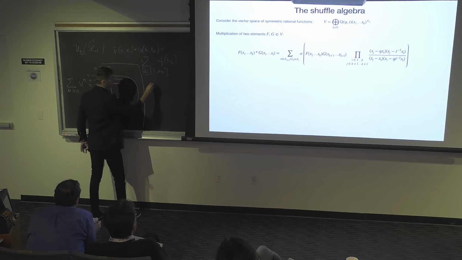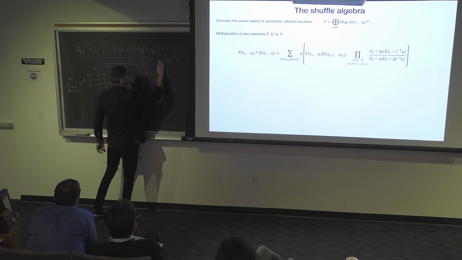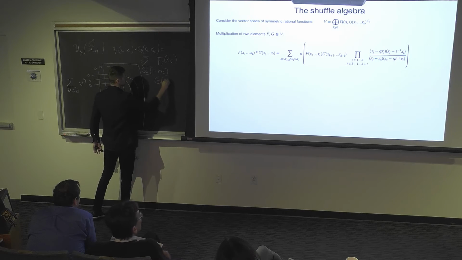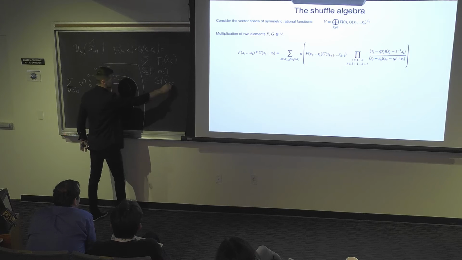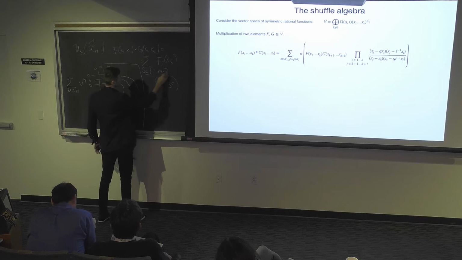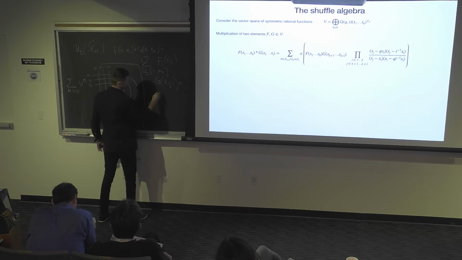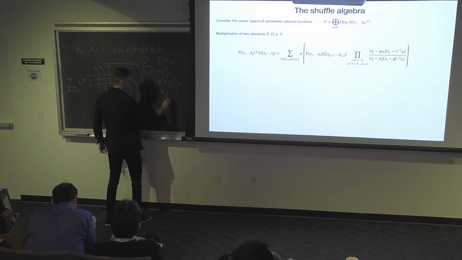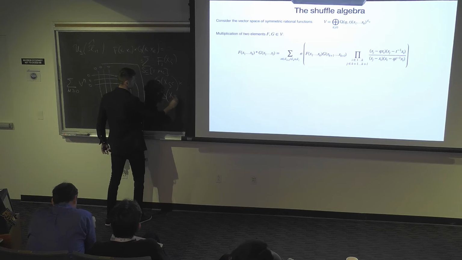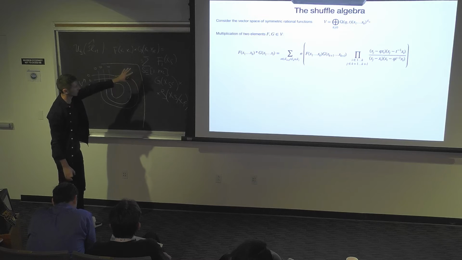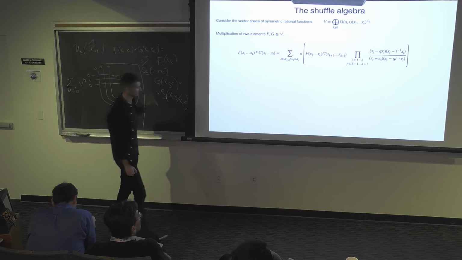And then we multiply this function by the second one, which depends on the second set of indices, the complement set. And then we multiply this by the cross term, which is over there. It depends on the first set and the second set of indices, the complement. So this is called the shuffle product, and this will be very important.